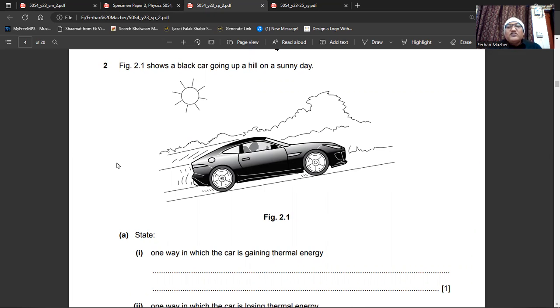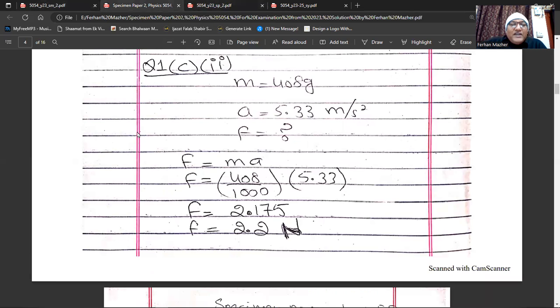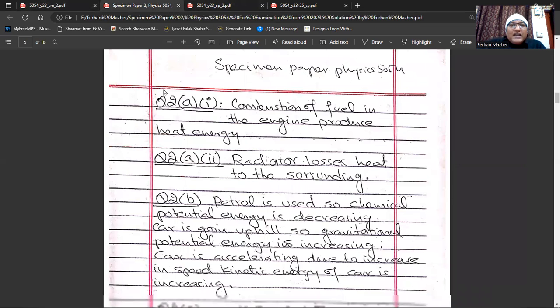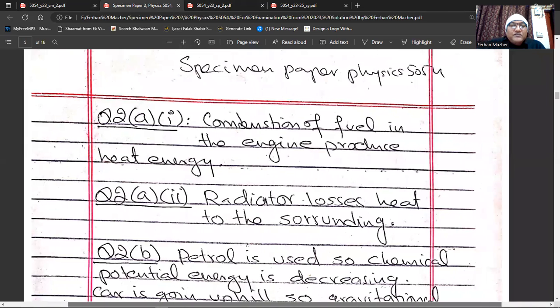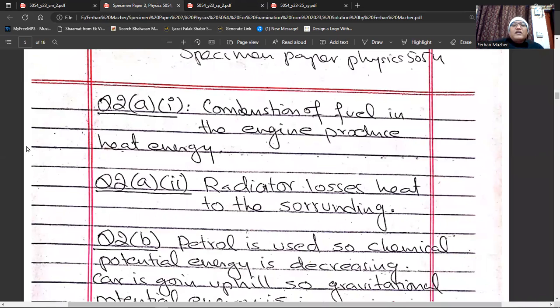So when the fuel is burnt, thermal energy is produced. So by the burning of the fuel, the car is gaining thermal energy. So you have to give one way, one method, explaining how the car is gaining thermal energy. So combustion of the fuel in the engine produces heat energy.